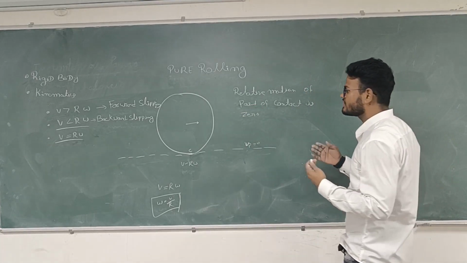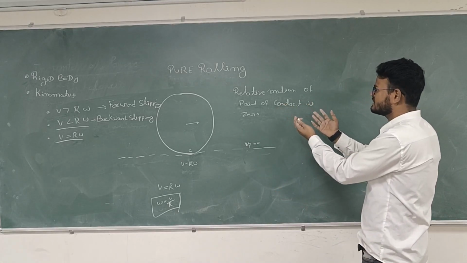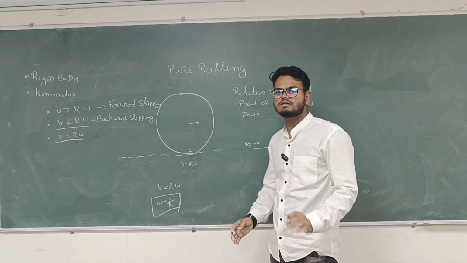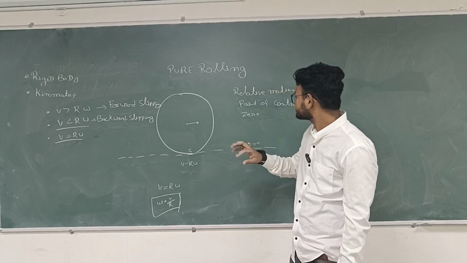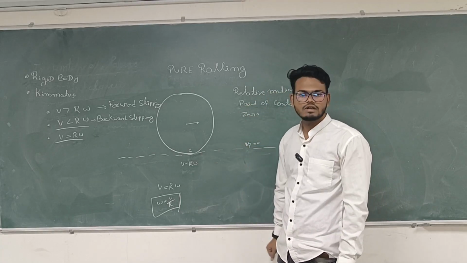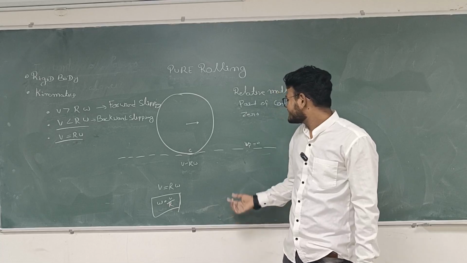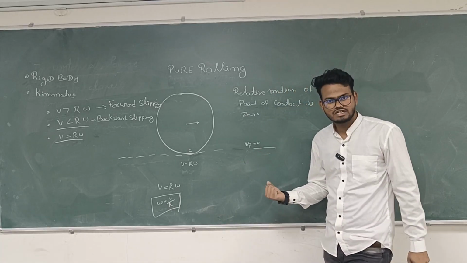If there is no relative motion of the point of contact, then the body is known to be in pure rolling motion. Now this is the condition where the platform velocity is 0.